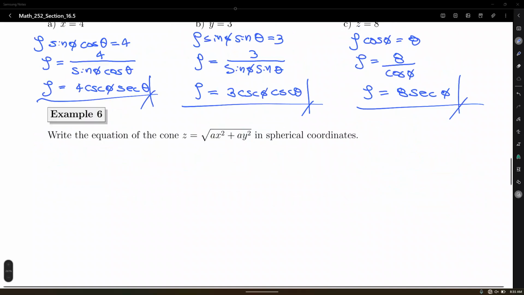z equals the square root of ax squared plus ay squared. So that's how a circular cone is going to look. How do we know it's a circular cone and not an elliptical cone? That's because the coefficients of x squared and y squared are the same.